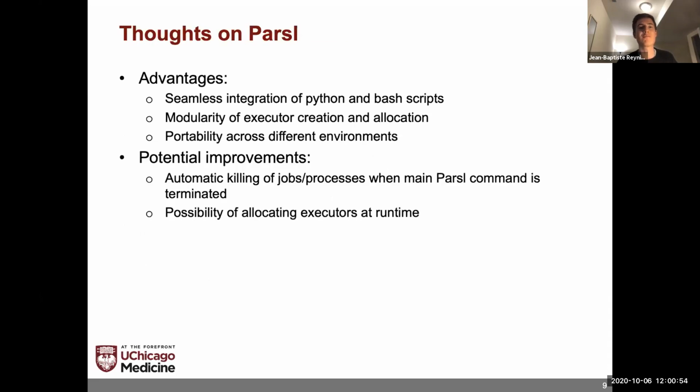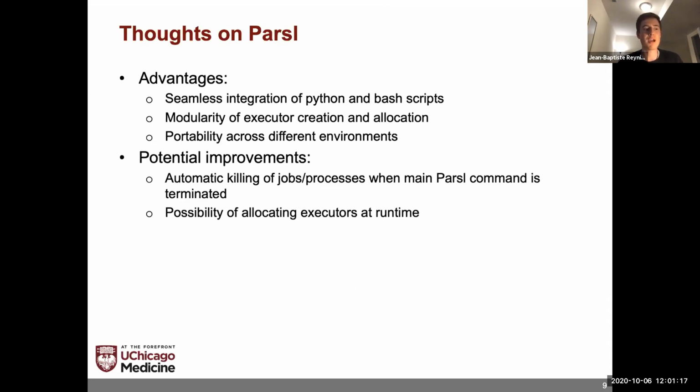Anna told me to talk about things that could be improved with Parcel, so I thought I'd first start with everything that I really liked about Parcel. I really like the fact that Python and Bash scripts are really easily integrated. That makes it very easy. And also, I really like the modularity for executor creation.